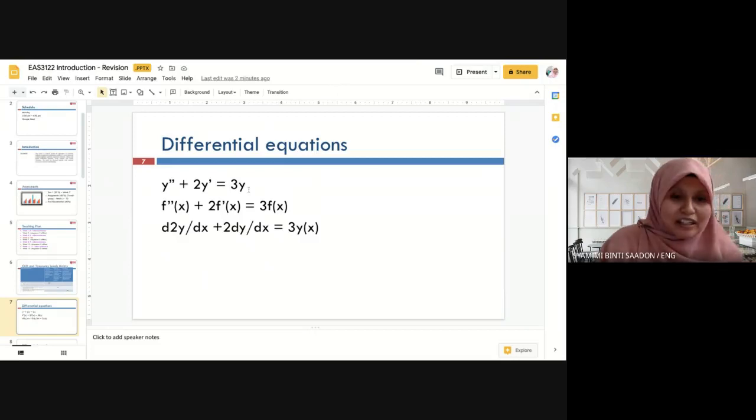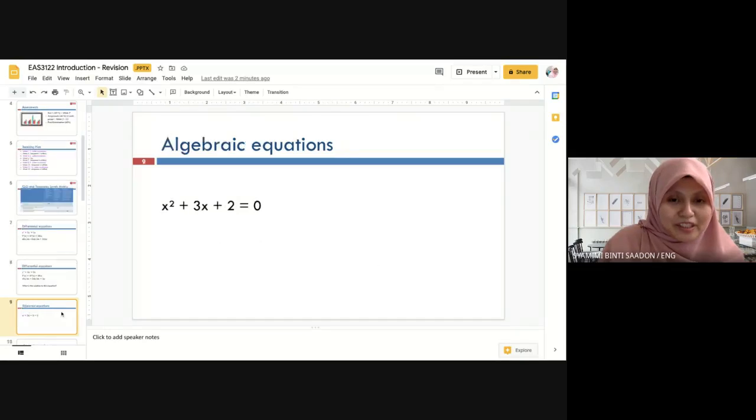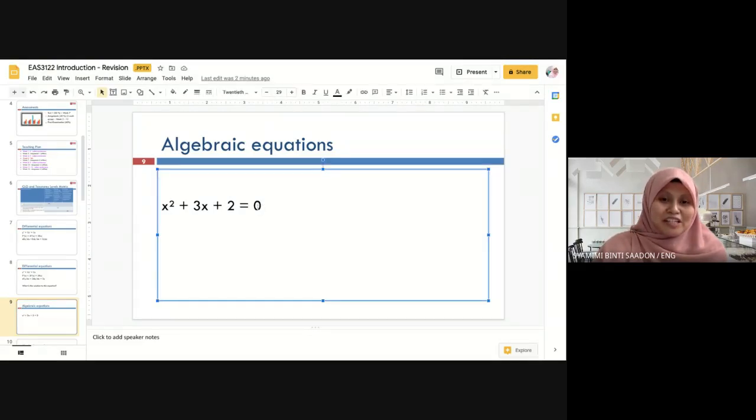If I write an algebraic equation like this, we have to solve this algebraic equation. So we will try to find x, right? X equals what, so that the equation will be 0?